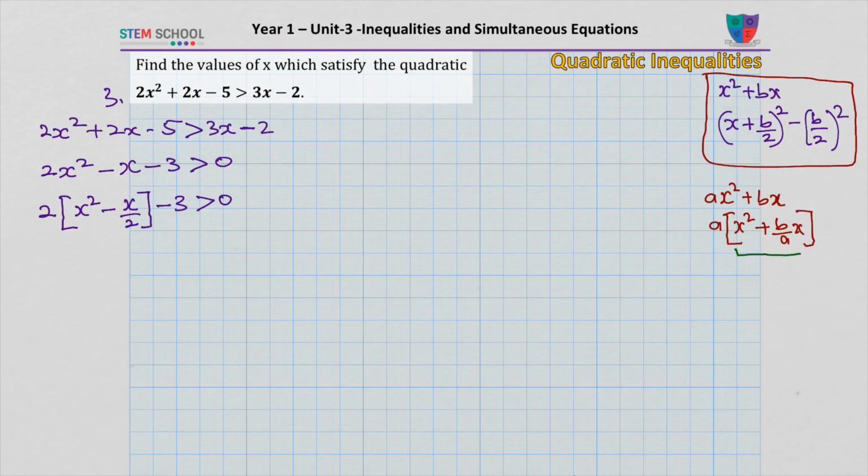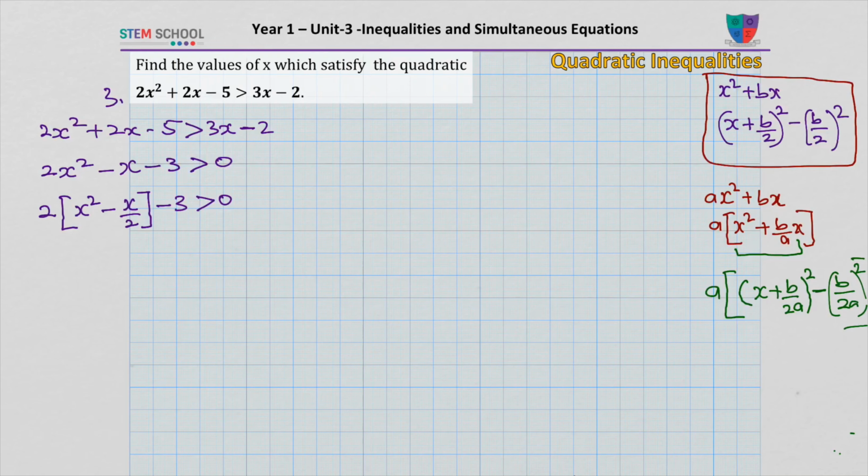So I open a square bracket, x plus b over 2a, because the new b is b over a, close the bracket, square it, take away the square of b over 2a, that is b over 2a squared, and then close the square bracket. So that's what completing the square is doing, and that's what we've got here. We've got to do this one now.